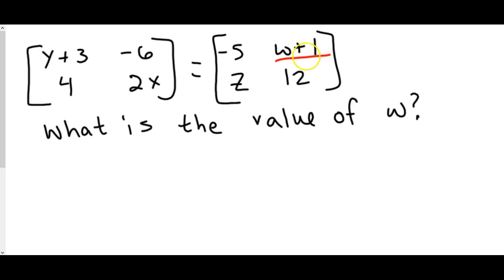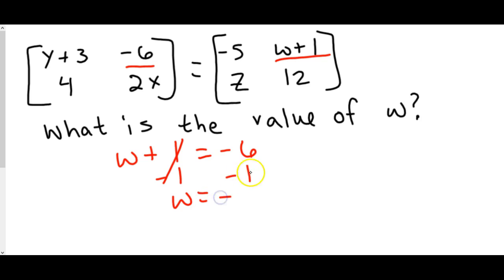It is the top right-hand corner of this right side matrix. You have W plus 1. It's just going to equal the corresponding element in the other matrix. It will equal the negative 6. So now we have a basic equation to solve. W plus 1, we'd have to minus 1 to do the opposite. So W would equal negative 6 minus 1 is negative 7.